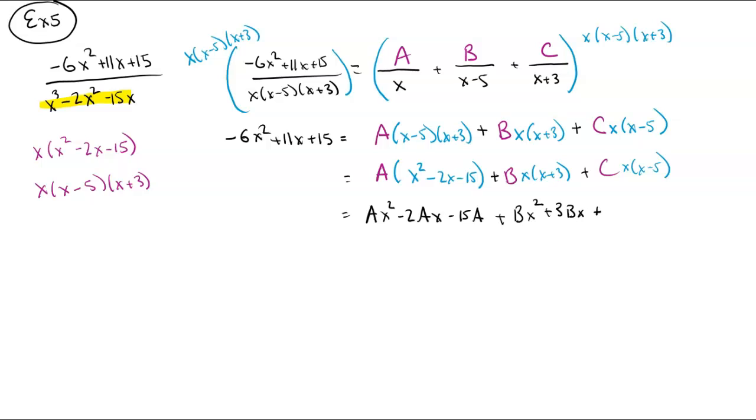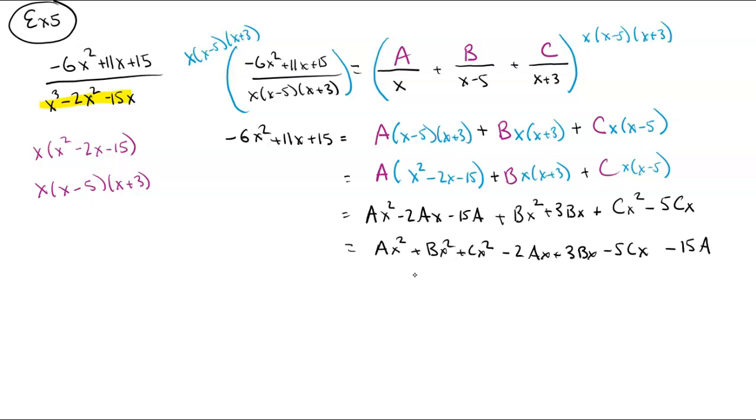Same thing over here, cx times x gives me cx squared minus 5cx. Again, especially with three variables, I tend to rewrite things. So ax squared, bx squared plus cx squared, and then minus 2ax plus 3bx minus 5cx, and finally minus 15a.